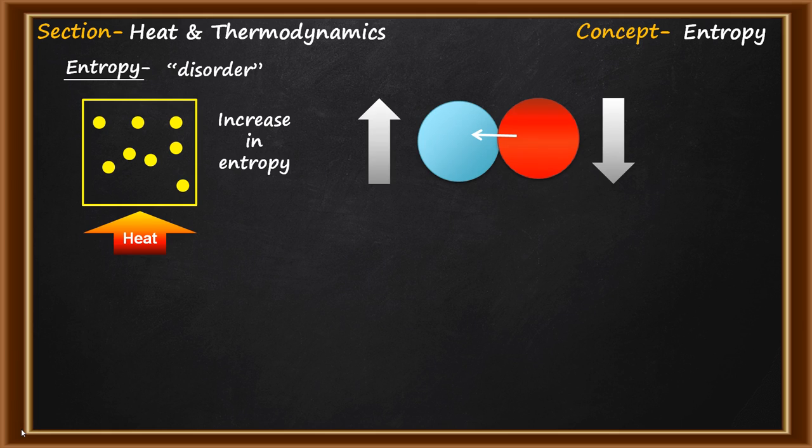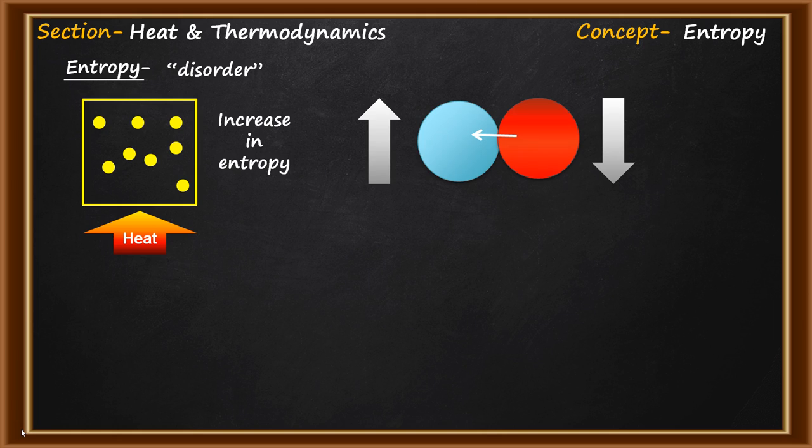That means the entropy of the hot body will decrease and the entropy of the cold body will increase. But the total change of entropy will be positive, because the decrease in entropy of the hot body will be comparatively smaller than the increase in entropy of the cold body.